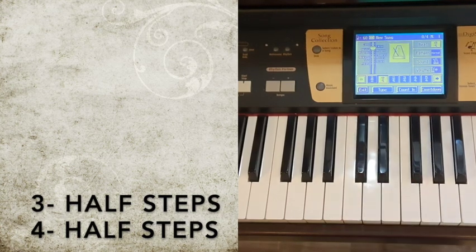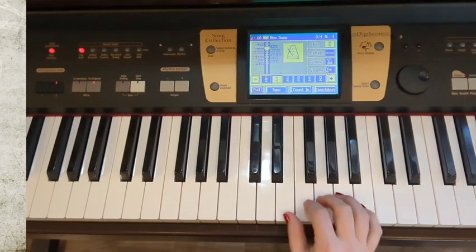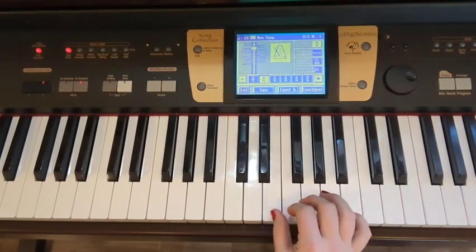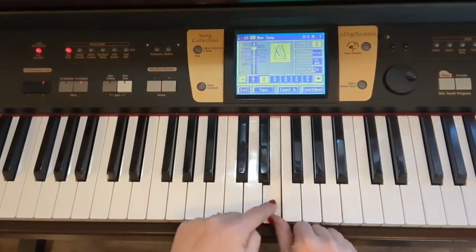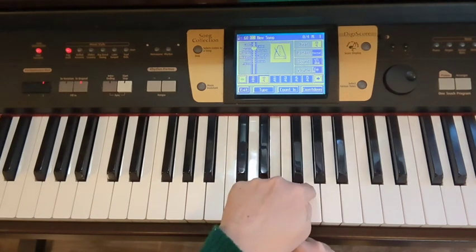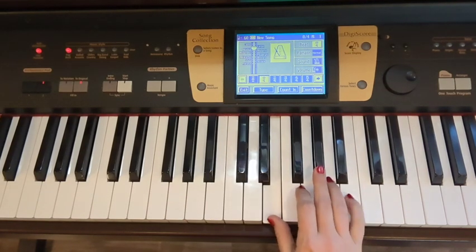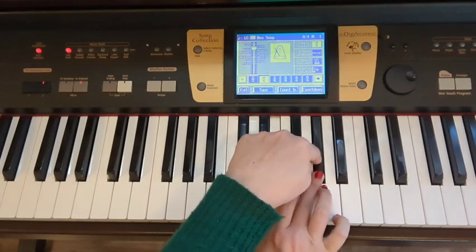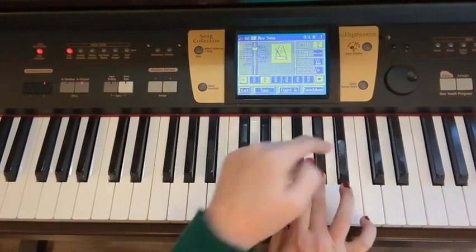All right, let's try an E. Let's start with an E major chord. So we have E, we're going up 4, 1, 2, 3, 4, to a G sharp. And then from G sharp, 1, 2, 3.